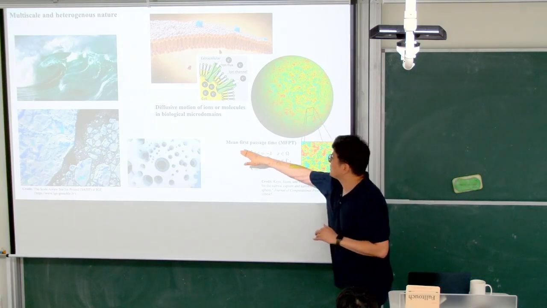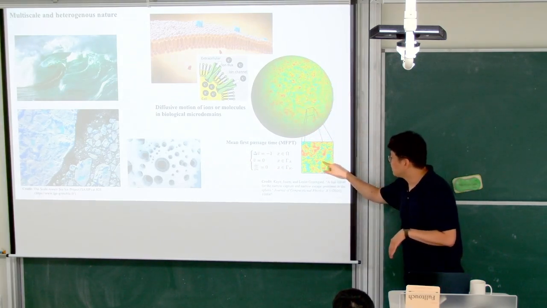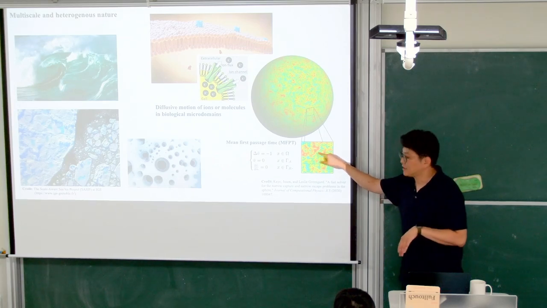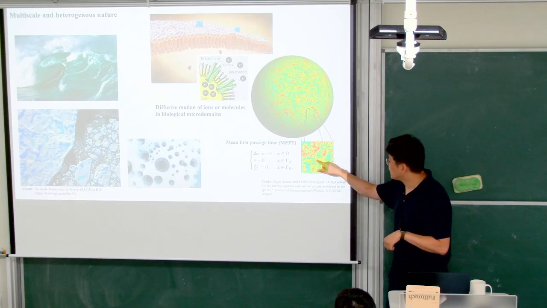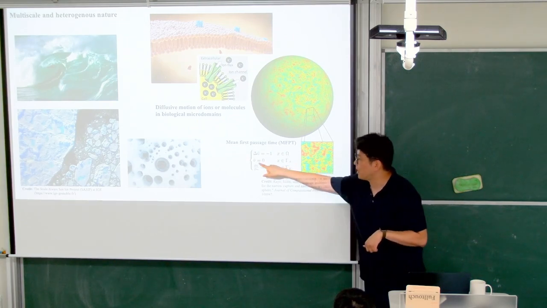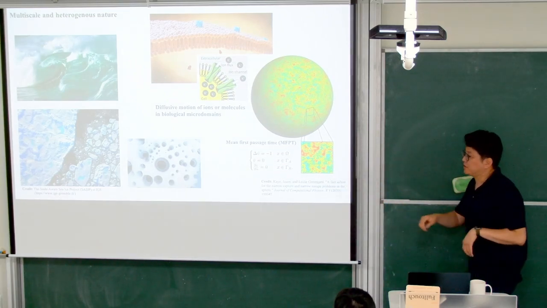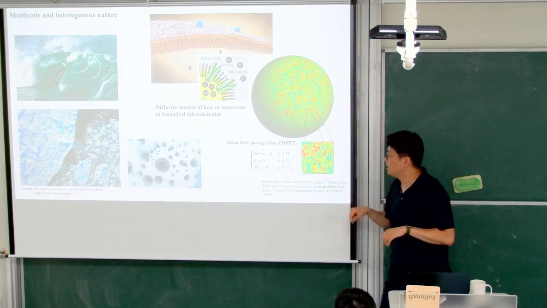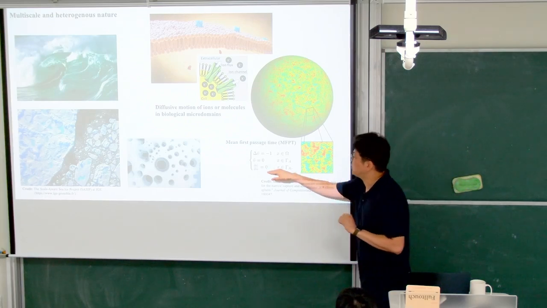We call it the mean first passage time. Here is a sphere, and the blue dot models the ion channel. At this blue dot, it has a Dirichlet boundary condition, because at this point the particle is already moving out, so it's zero. On the other part it cannot diffuse, so it is reflected, which is a Neumann condition.